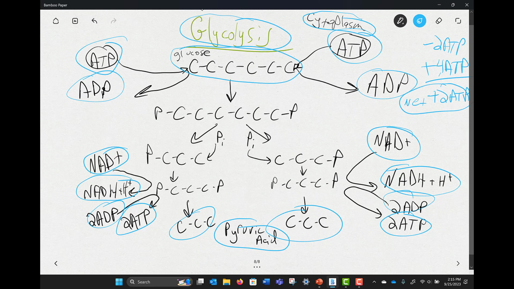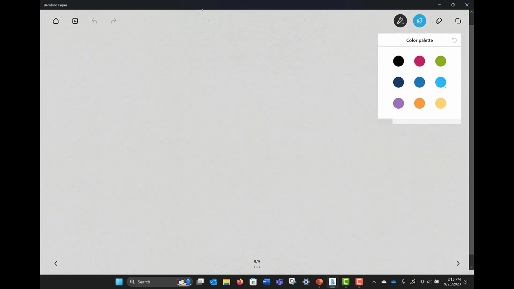Now, we are going to follow one of those pyruvic acids. We're going to go to what I call step 2A, which is called the transition phase. Sometimes you will see it called the preparatory phase.